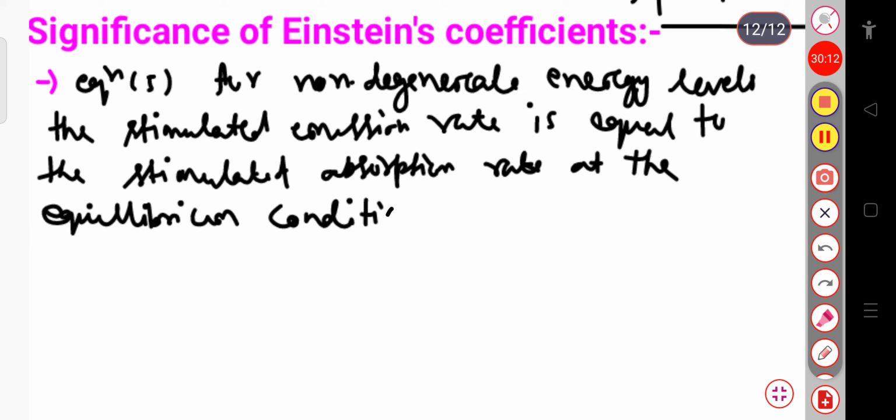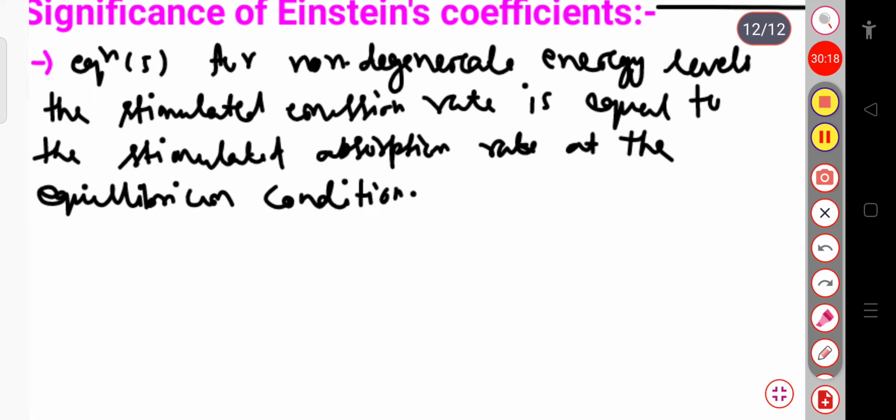In quantum mechanics, you must be acquainted with the terms non-degenerate as well as degenerate level.